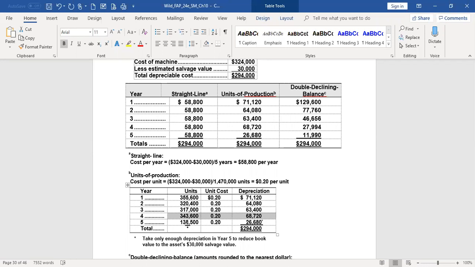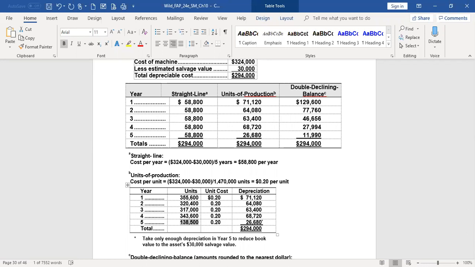I'm double checking to what's in your book. Oh, okay. Wait. All right. The actual number of units it produced in year 5 is 138,500. But you can't just take 138,500 times 20 cents.